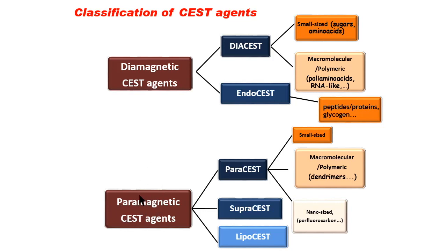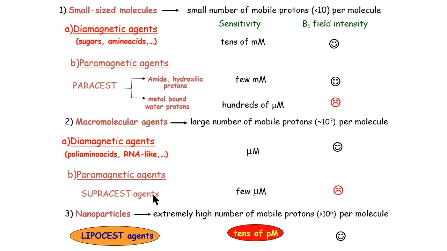The advantage of paramagnetic systems with respect to diamagnetic agents is that the chemical shift of the exchangeable pool of protons can be very far away from the signal of water, thus allowing the exploitation of quite large exchange rates. And so we can transfer a significant amount of saturated protons to water.